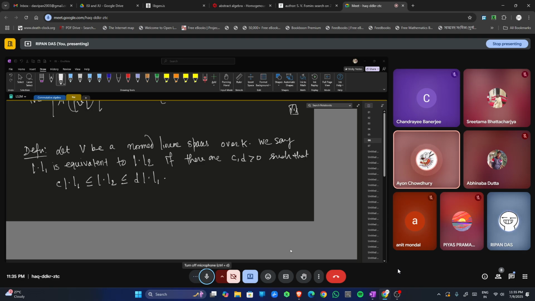Take C and 1 by C. Looks better. Does this imply it? It should work. It's an exercise of Kumaresan. So if two norms are equivalent, then there exists some C such that C norm 1 less than or equal to norm 2 less than or equal to 1 by C norm 1. Yes, there is some exercise.